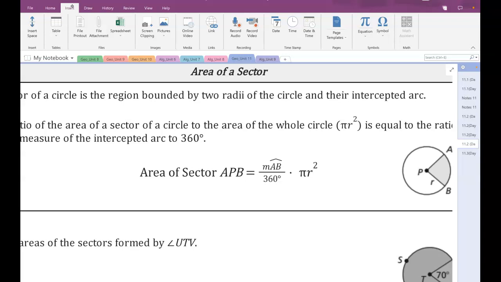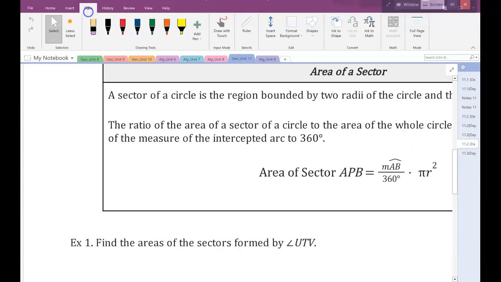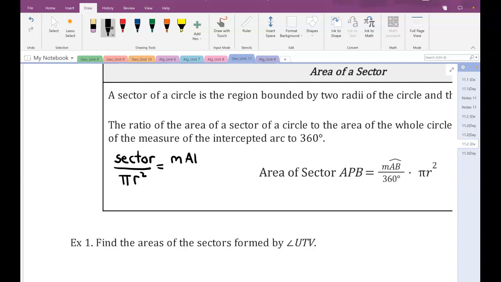So you may see this written sometimes, or I'll write it in the key as, whatever sector we're talking about, divided by pi r squared, is equal to the measure of AB divided by 360 degrees.